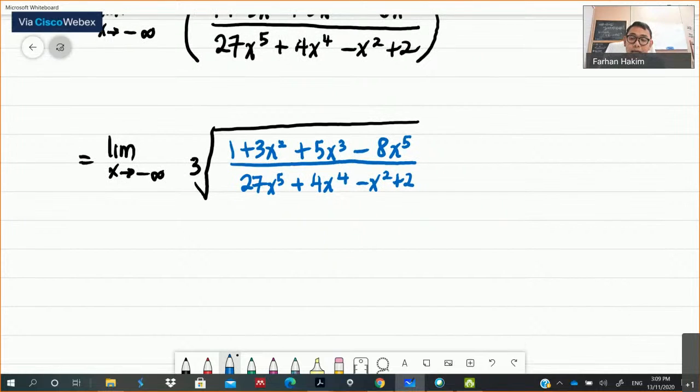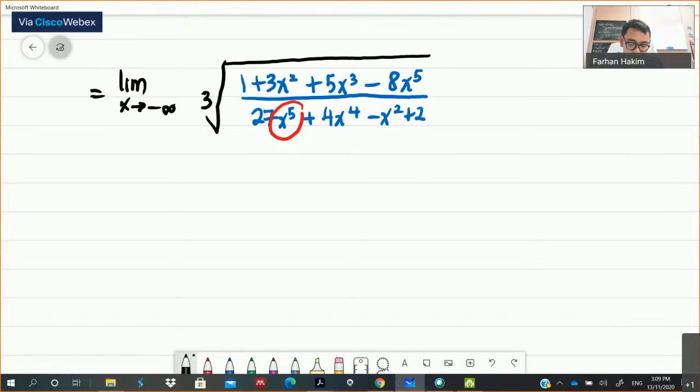So this is the same as solving the limit without that root actually. Anggap sahaja square root, cube root ini pengganggu sahaja. What you have to do is to focus on the highest power of x that occurs in the denominator. Which one? Of course, x to the power of 5. You have to divide everything with x to the power of 5.